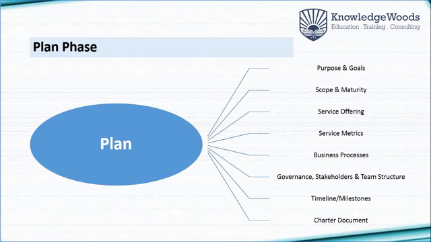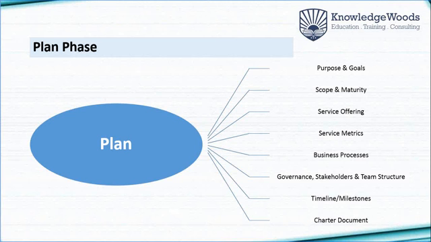So let us talk about the few basic things that the plan stage answers. As I said, the plan stage answers questions like why, what, how, when, and who is going to do it.